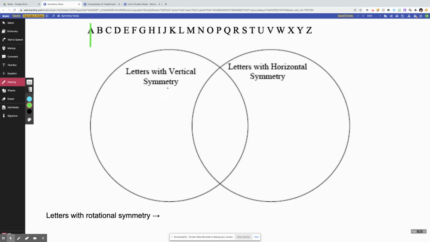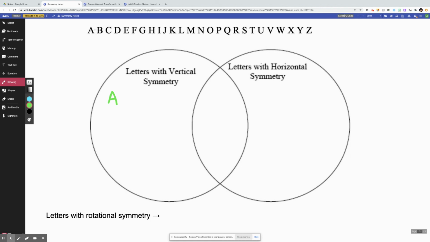So that would be a letter with vertical symmetry, but maybe without horizontal symmetry, right? Because if you took the letter A and cut it in half horizontally, that's not a perfect fold, okay? So the letter A, for example, would have vertical symmetry but not horizontal symmetry.